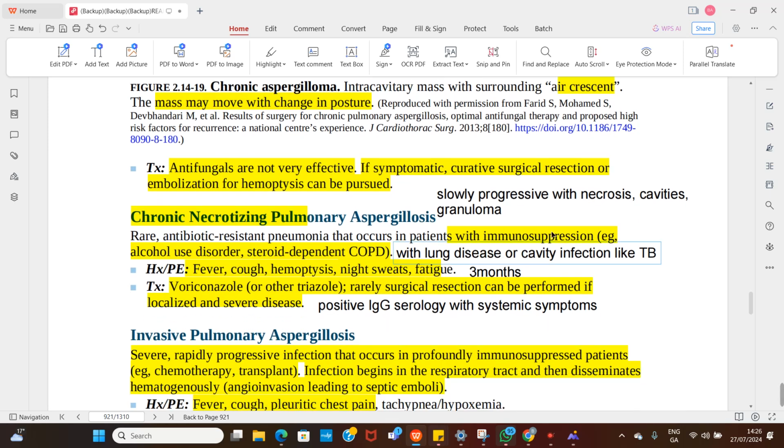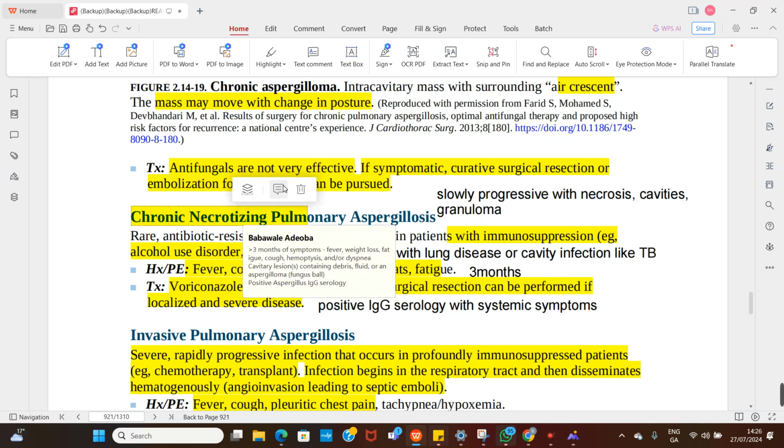The person is having some symptoms for like 3 months, like cough, weight loss majorly, because this is a chronic problem, the hemoptysis, whatever they're having, or drenching night sweats, fatigue, for at least 3 months. And the third is serology, where IgG towards Aspergillus is positive.